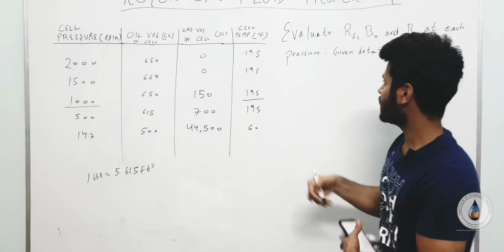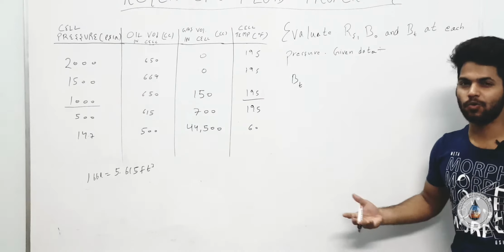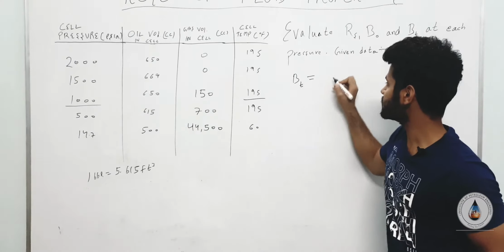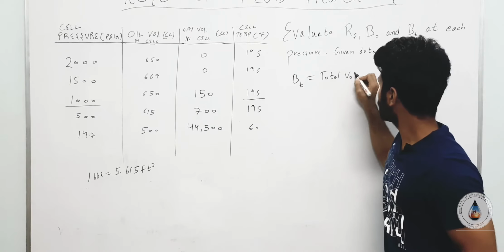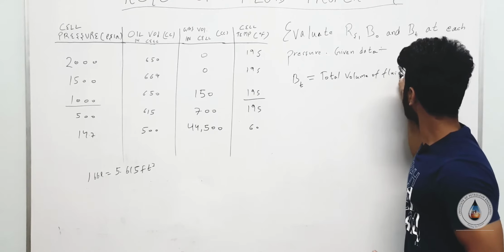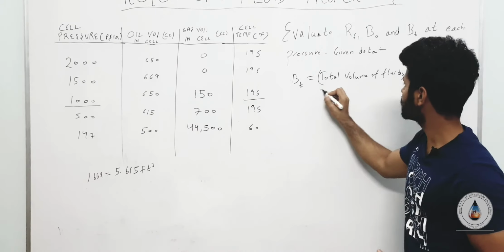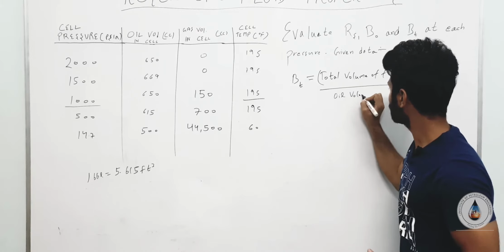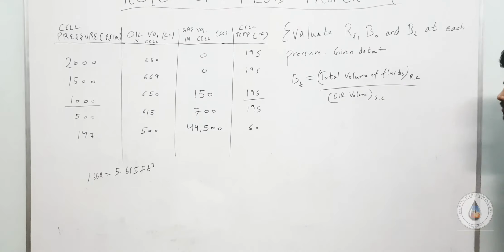So to calculate Bt, that is the total formation volume factor or the two-phase formation volume factor, we know that it is basically the total volume of fluids at reservoir condition upon oil volume at surface condition.